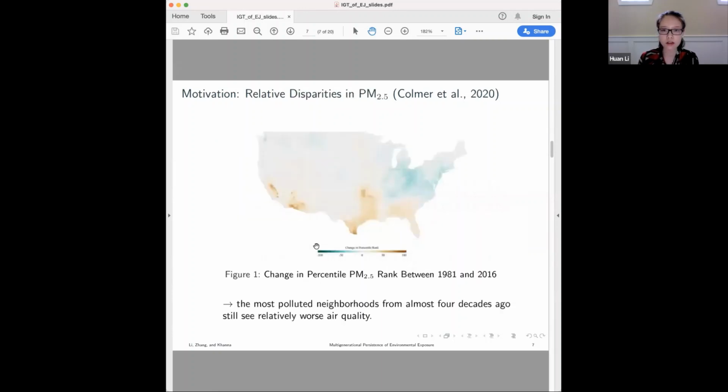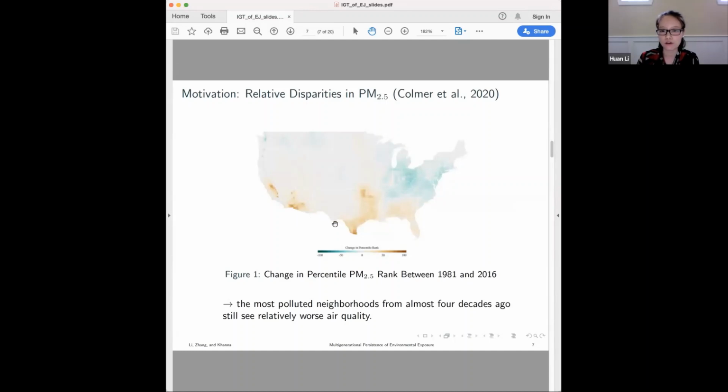However, when you look at the relative disparities in PM 2.5, the story is totally different. This map is still from Kaumaa et al. The map shows the difference of the PM 2.5 rank between 1981 and 2016. The lighter areas mean there is no change of rank. The blue areas mean the PM 2.5 actually declines.